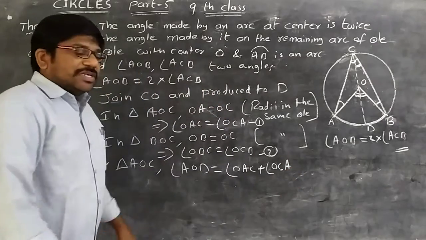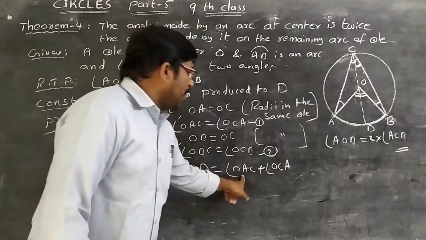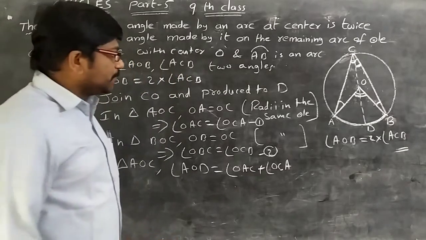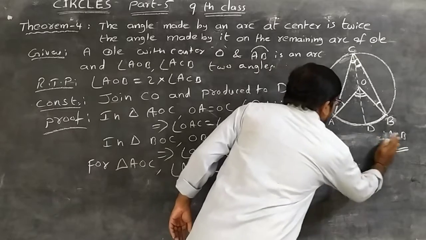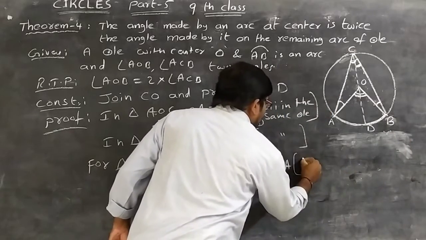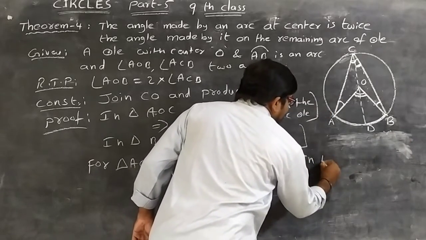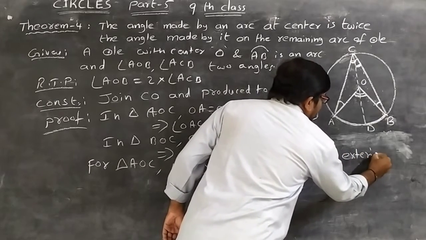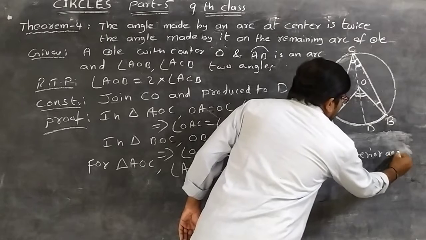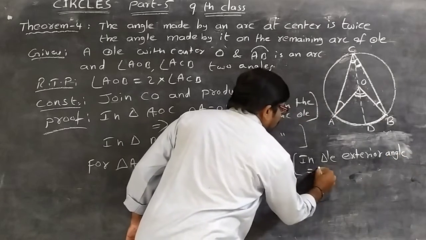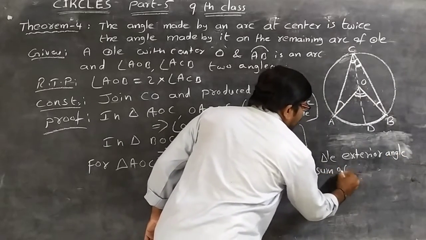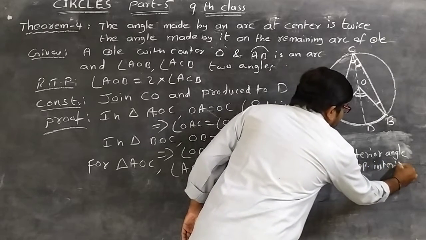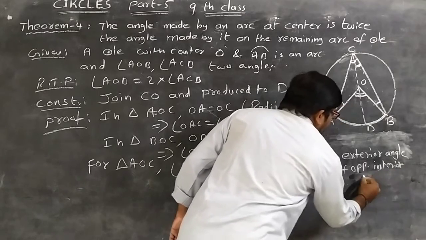In any triangle, the exterior angle is equal to the sum of the opposite interior angles, right?